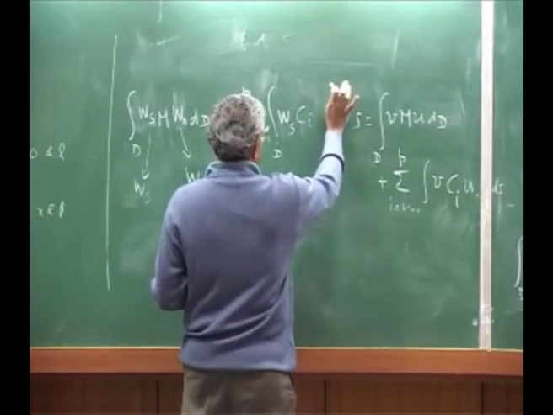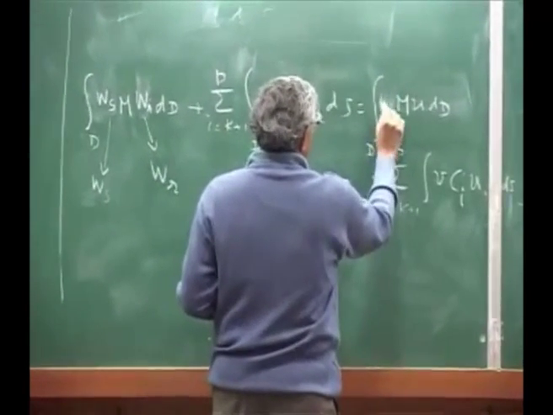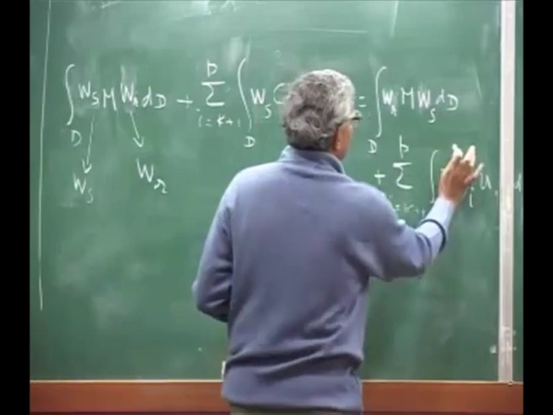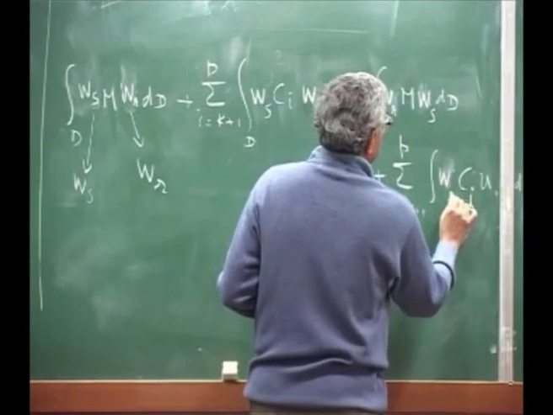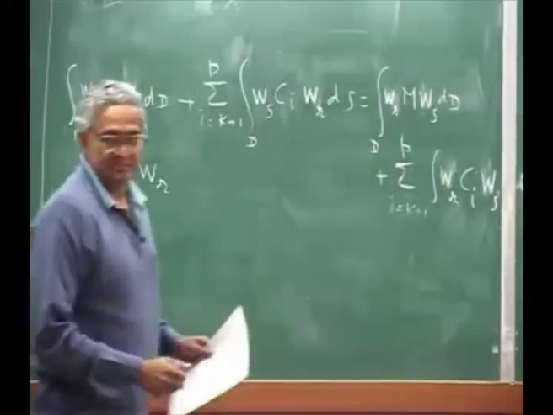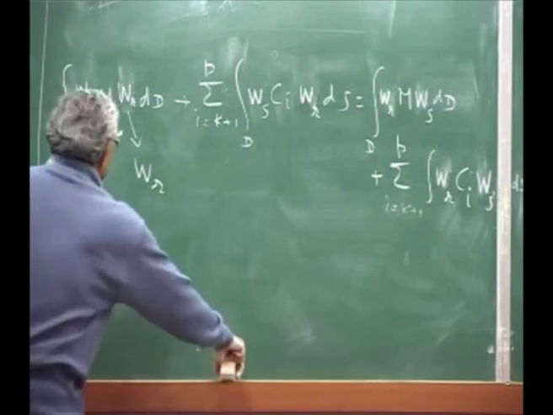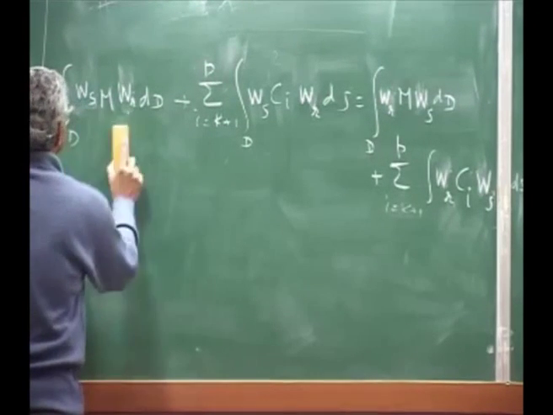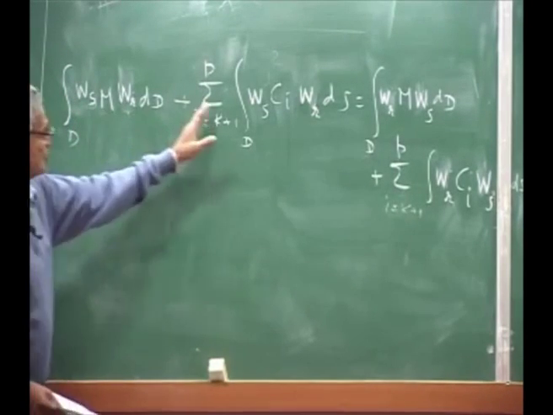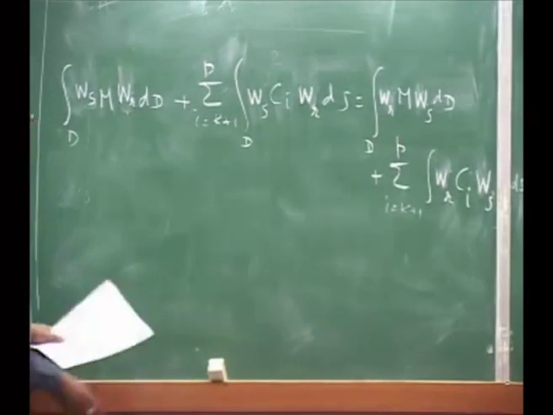V is Wr, V is Wr, u is Ws, Wr, Ws. What I am going to do is I keep this term, I transfer all the terms to the right hand side. Then what will happen?